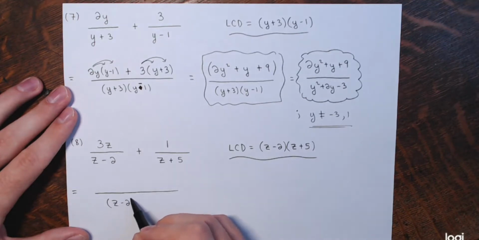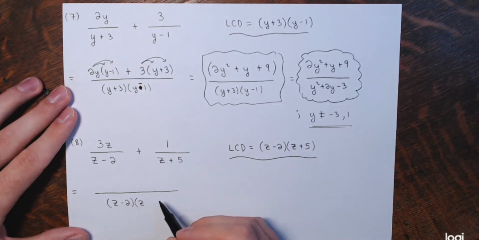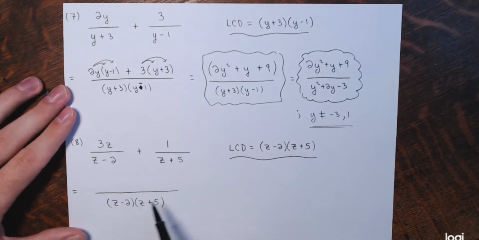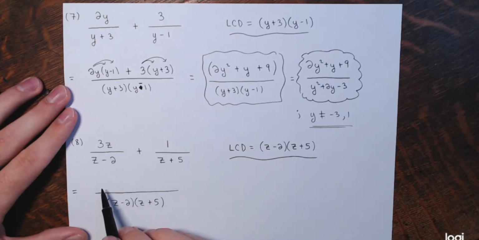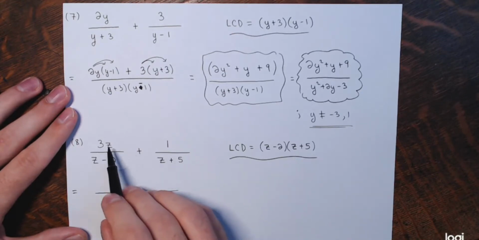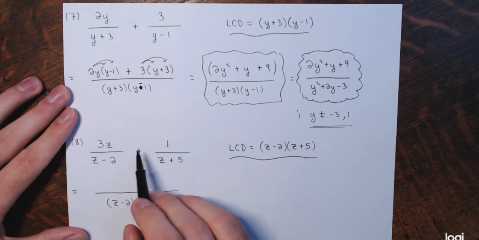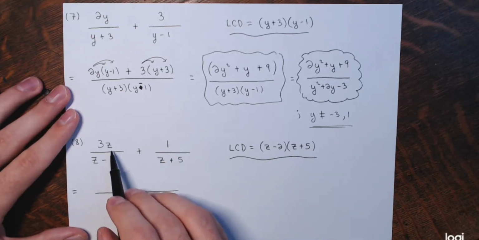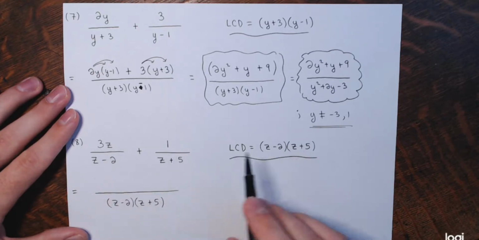So I'll just skip ahead to the sum, like I've been doing for the previous couple of examples. The denominator of the sum is the LCD, and the numerator of the sum is the sum of these numerators after I get them to have the LCD as the denominator. The first one, I'd have to multiply the top and bottom by z plus 5.